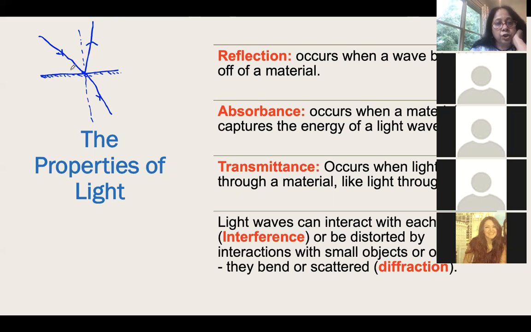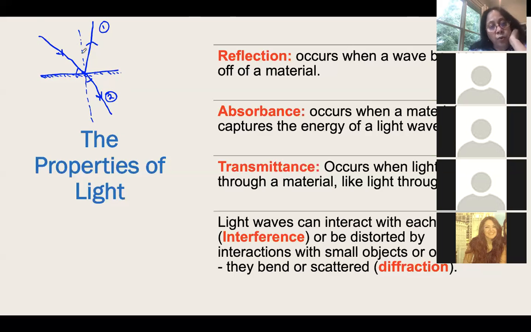Okay, so light rays can fall on the surface and it can bounce back. That's one condition. Second, it can completely pass through the surface or the material. That's the second incident that can occur.